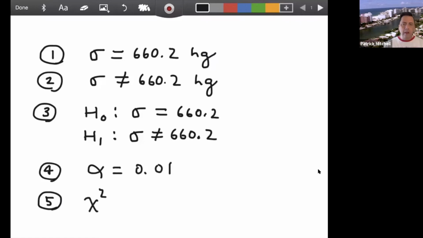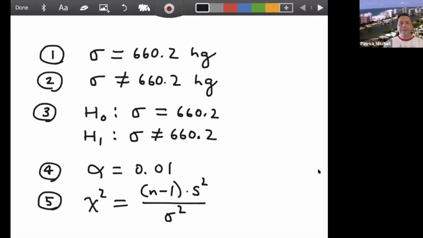So we're going to use chi-square, which is n minus 1 times s squared divided by sigma squared. Okay. So those are the first 5 steps, and those first 5 steps are the same regardless of whether you use the p-value approach or the critical value approach.